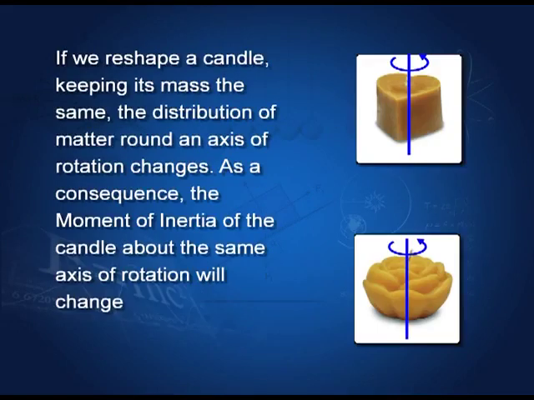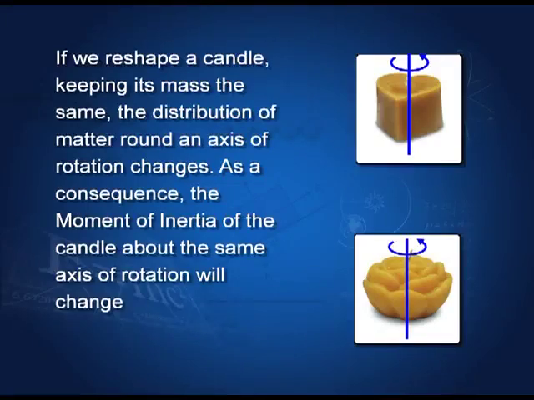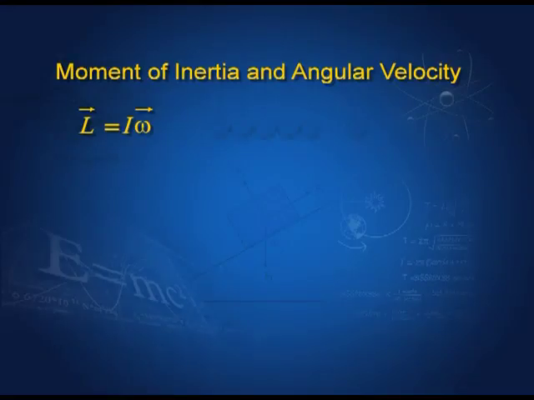You can see that the upper one is wax, and in the heart shape here we have reshaped the same amount of wax, and the distribution around the axis of rotation has changed. Therefore its moment of inertia also has changed. So moment of inertia is a function of 2 things: the axis of rotation and the distribution of matter around the axis of rotation.